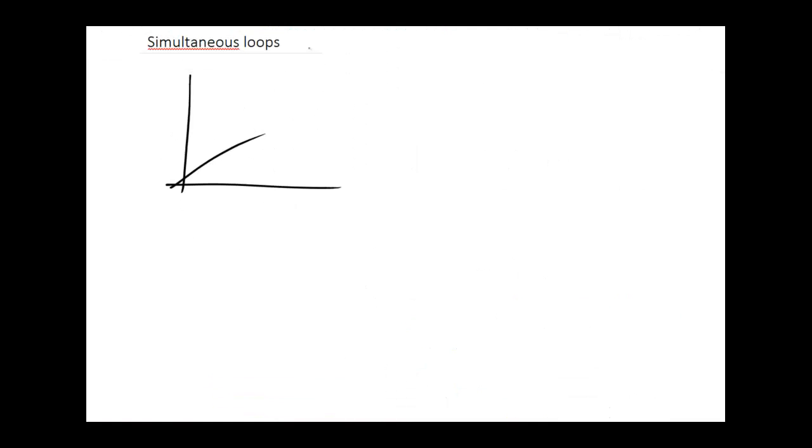So here once again I wanted to make this remark that the initial loop and the final loop don't have to be at the same time. So the points on that loop don't need to have the same time coordinate.